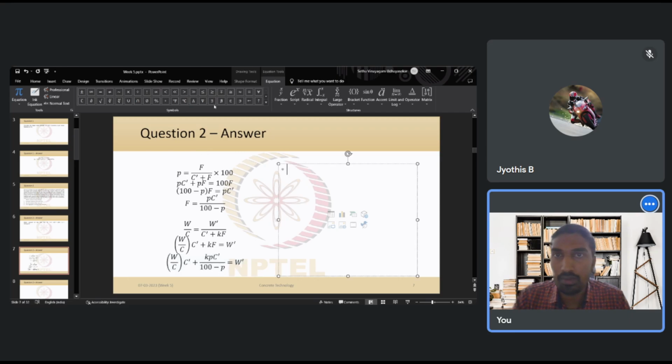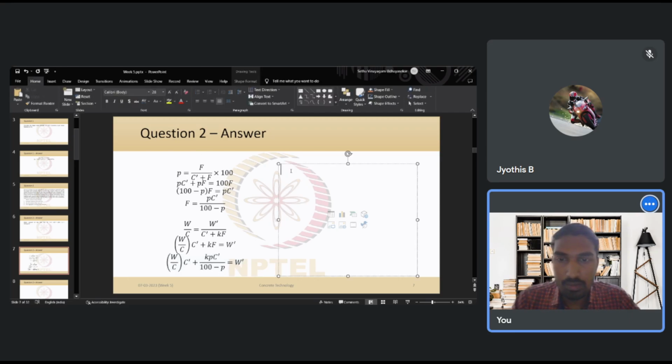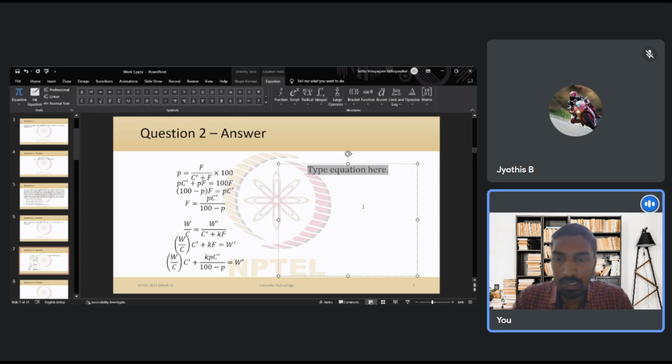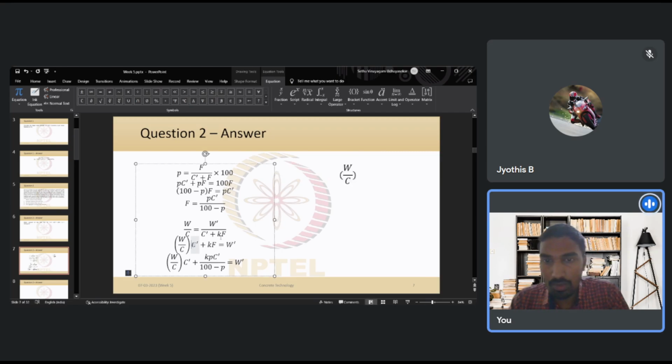Okay, so let's go here. If we take C prime as a common from these two terms on the left hand side, we will have W by C. So actually this W by C is common for both of these.